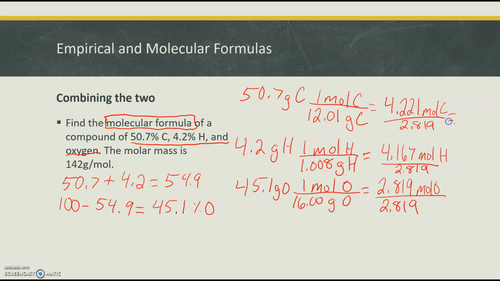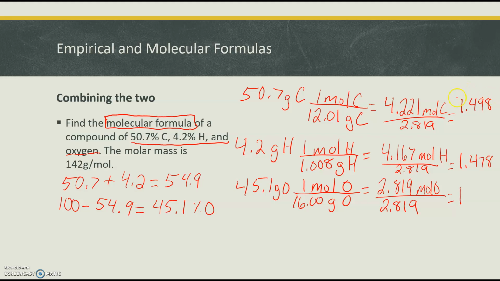After we've divided all of those, for carbon, we will get 1.498. For hydrogen, we'll have 1.478. And for oxygen, we will have a nice whole number 1.